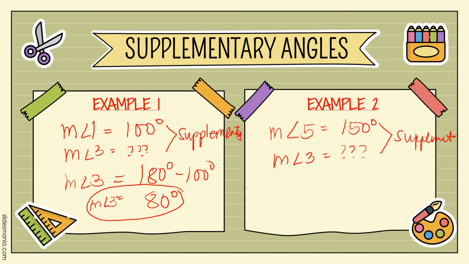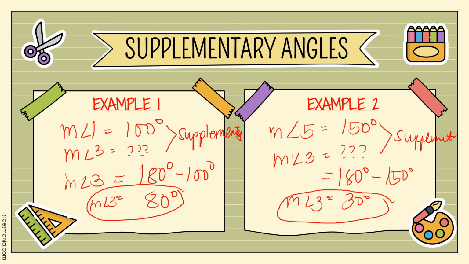All we have to do is subtract the measurement of angle 5 from 180 degrees. So we have 180 degrees minus the given, which is 150 degrees. Therefore, the measurement of angle 3 is 30 degrees. I hope that you can follow.